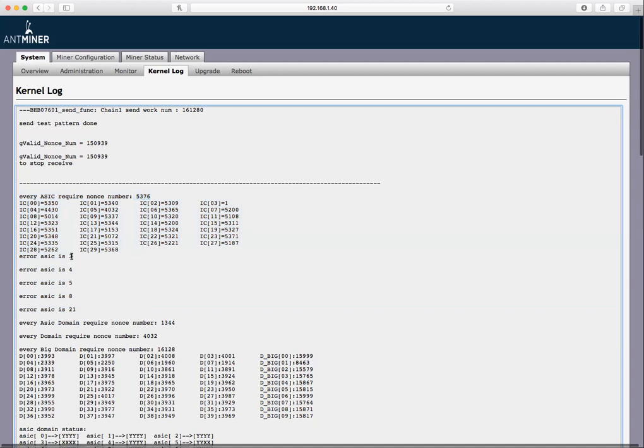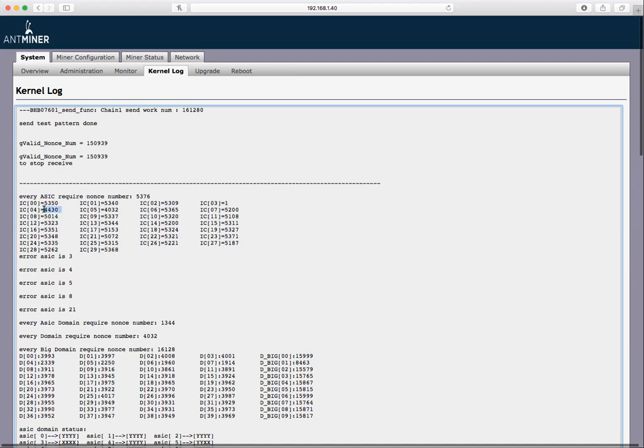So I started looking, it's 3. So 3 up here, which is actually chip 4. 1, 2, 3, 4. It's 1 off. It only returned a nonce of 1. That's not good because you're looking for all these high numbers like this. Chip number 4 wasn't very high. It didn't get near 5376. These got near 5376, and it looks like there's some fudge factor that if it's within a certain percentage, it's good.